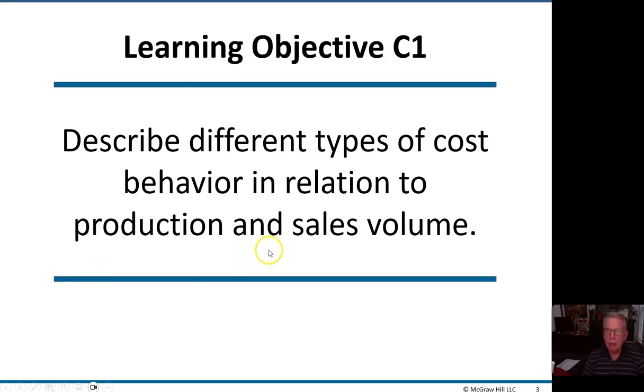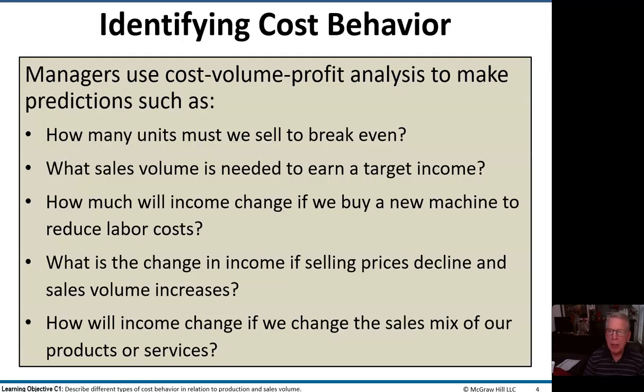All right, let's look at describing different types of cost behavior in relation to production and sales volume. Managers use CVP analysis to make predictions. Number one here, how many units must we sell just to break even? And two, what sales volume is needed to earn a target income?